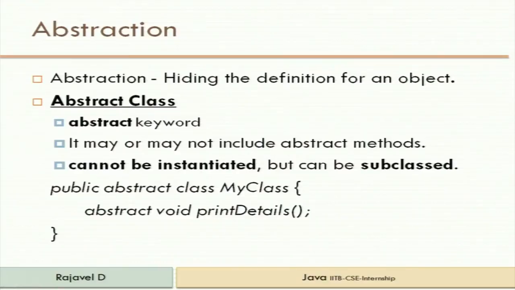Okay, I think we have already discussed the meaning of abstract class. An abstract class cannot be instantiated. You cannot create an object of an abstract class, although it can be subclassed. You can extend it, use the same functions and override them. That's where polymorphism comes in.